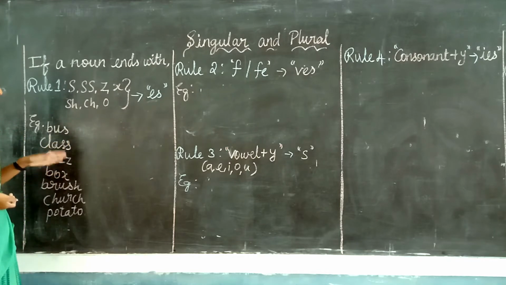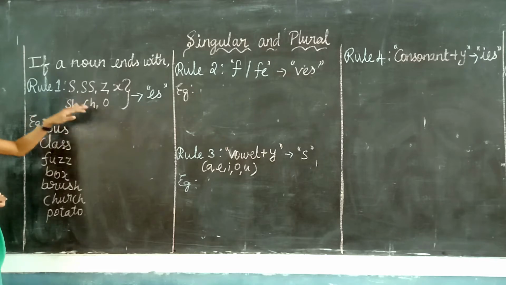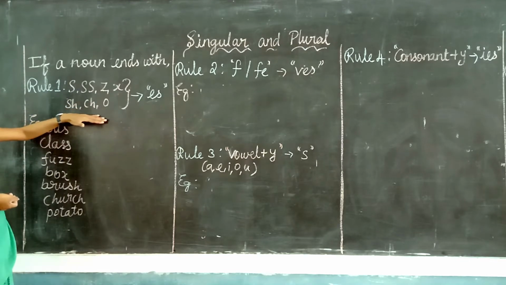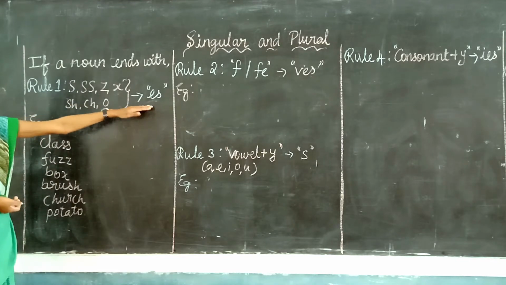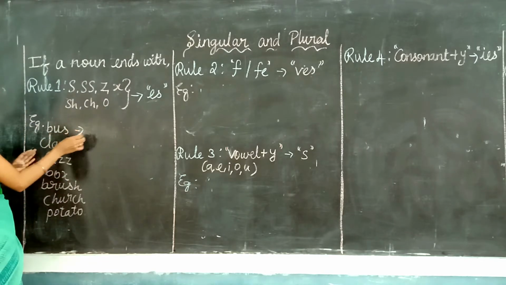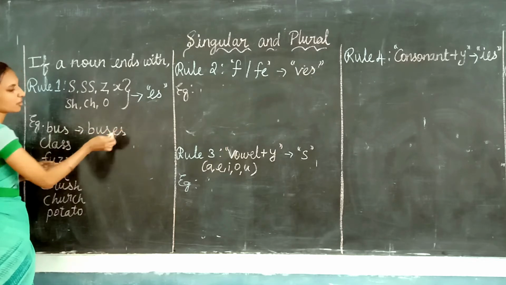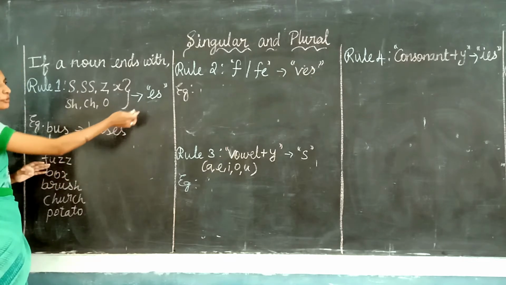Okay. Now let's see how these nouns become plural. As per the rule, if a noun ends with any one of these letters, we need to add es directly without making any changes. Like for bus, the plural form of bus will be buses because it ends with s, so I am going to add es.